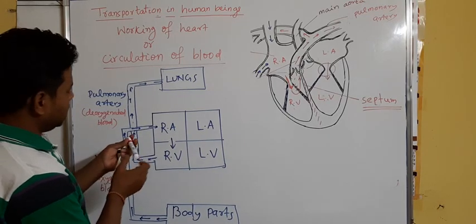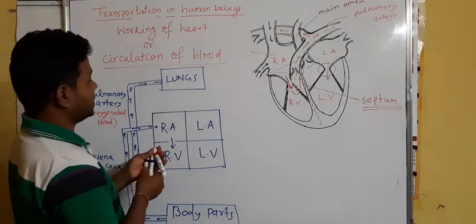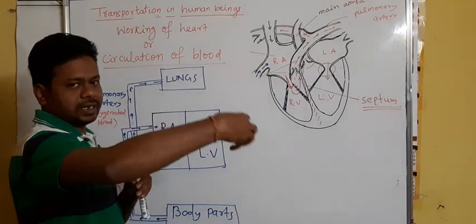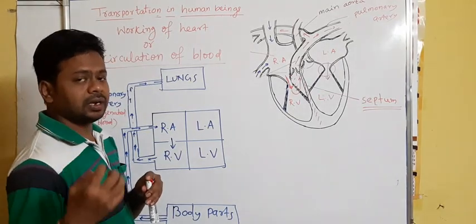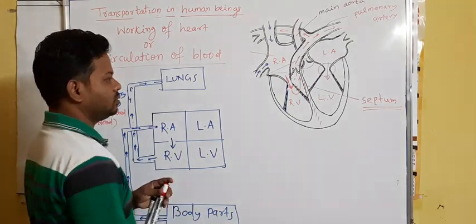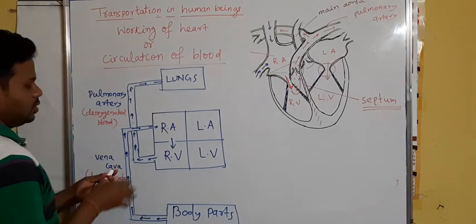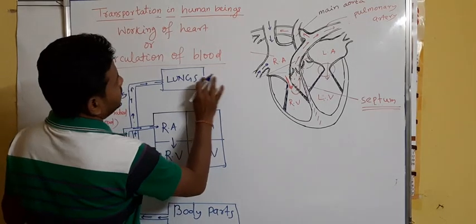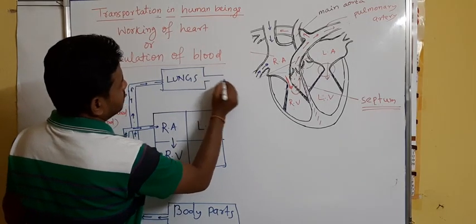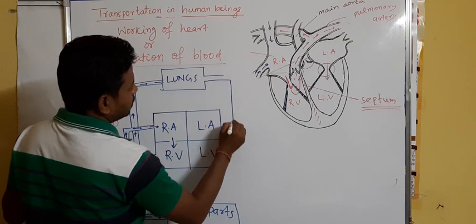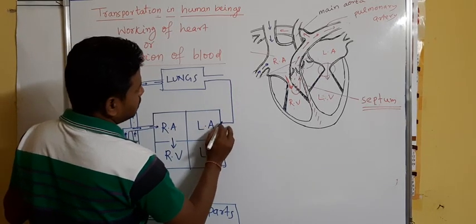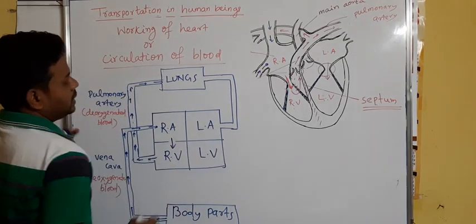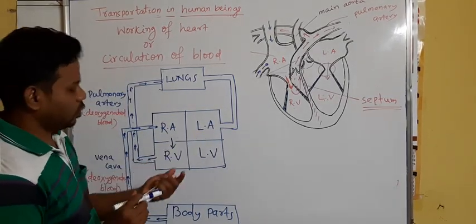So inside the lungs, actually what happened? Exchange of gases takes place. Inside the lungs, oxygen is taken from the air into the blood, and from blood carbon dioxide is given into the alveoli or air. So when the blood is collected from lungs, it will come to left atrium or left auricle.